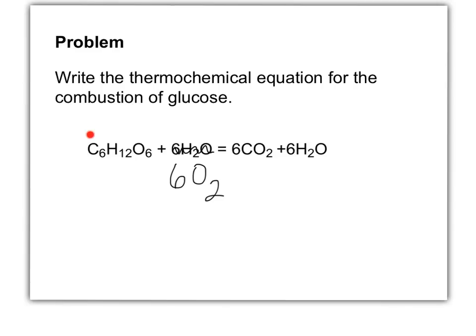If we look at our coefficient, we have 1. So that means to write our thermochemical equation, we're going to include the 2,808 kilojoules as one of the products, because it's an exothermic process. It is giving off that many kilojoules for every 1 mole of C6H12O6.